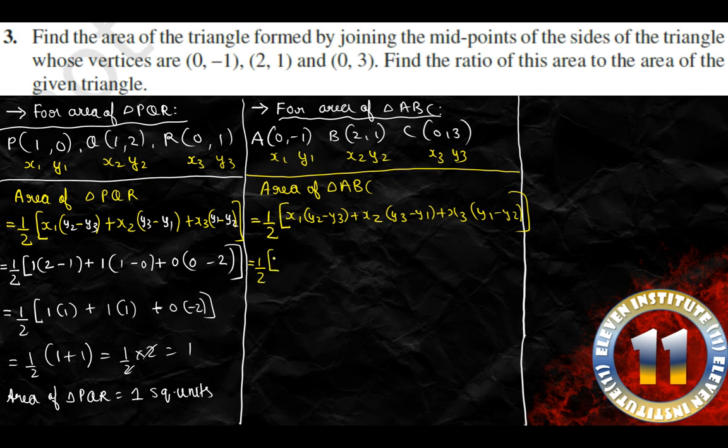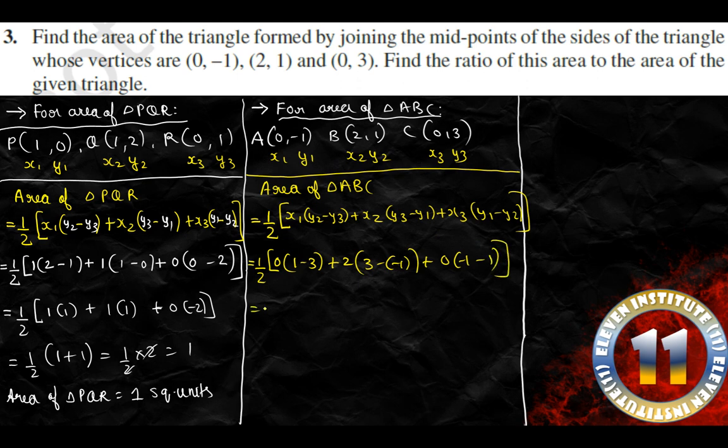Instead of x1 we can write 0, y2 and y3 are 1 and 3, so we can write over here 1 minus 3. Instead of x2 we can write 2, y3 is 3 and y1 is -1. Be careful, there is a minus. Plus x3 again means 0, y1 is -1, minus y2 is 1.